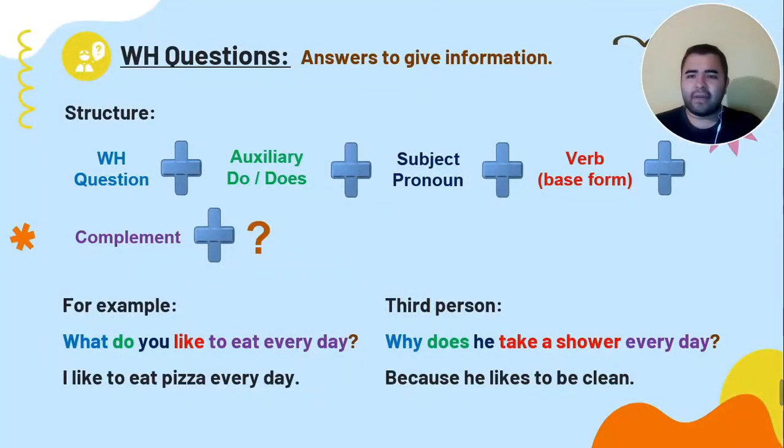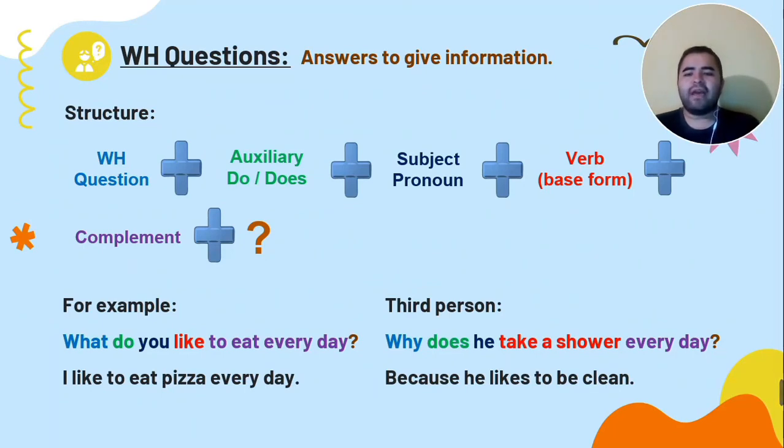And the last form of interrogative sentences is WH questions. Remember, WH questions are to get information from others, and we have to apply this structure. First, the WH question word. What are WH questions? They are words like what, how, why, plus the auxiliary, do or does, plus subject pronoun, plus the verb in base form because we are using the auxiliary, and finally the complement and the question mark.